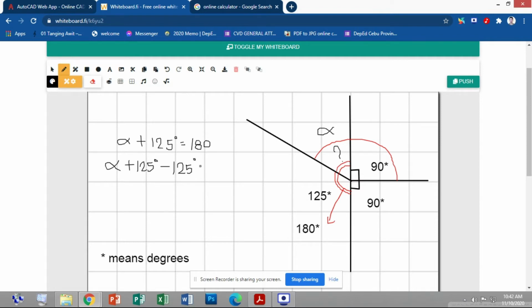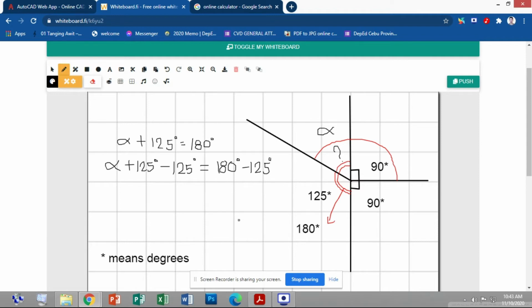So, pag nag-minus tayo sa side na ito, dapat mag-minus din tayo dito, kasi equal nga, di ba? Kung nagbawas ka dito, magbabawas ka rin dito kasi equal nga sila. So, si 180 degrees minus 125 degrees.